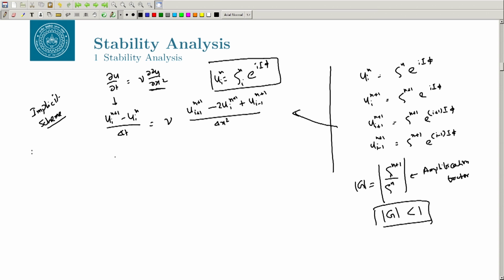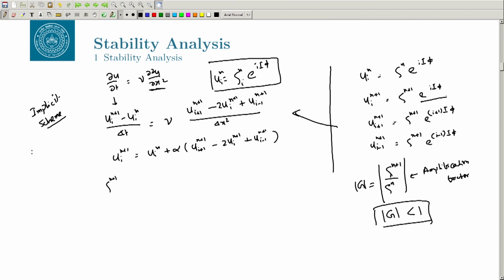So, first rearrange it. I write u_i^(n+1) will be u_i^n, and nu delta t by del x square I will write as alpha, plus alpha times u_(i+1)^(n+1) minus 2 u_i^(n+1) plus u_(i-1)^(n+1), right. So, this will become zeta to the power n plus 1, and then it will become e to the power I phi, right.